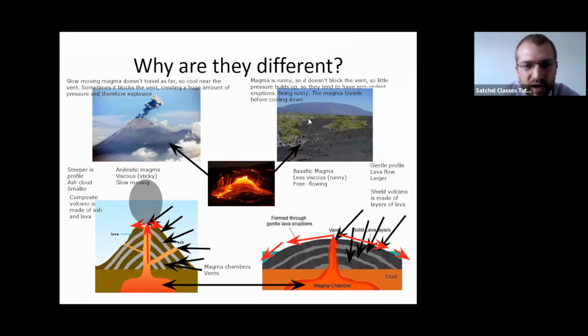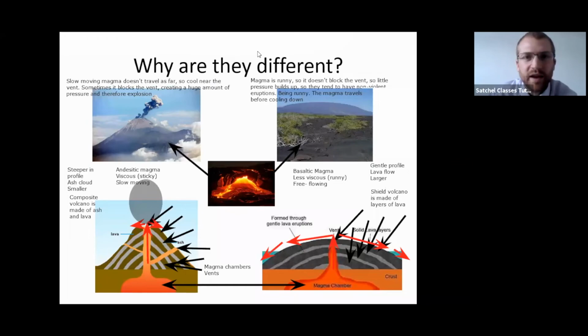Also, because it's runny, it doesn't block the vent, so it's always going to be a non-explosive volcanic eruption. Whereas the pressure building up in a composite volcano, because the magma isn't moving, will lead to a very explosive, high-intensity eruption where you get ash, rock, and other particles being launched into the air.